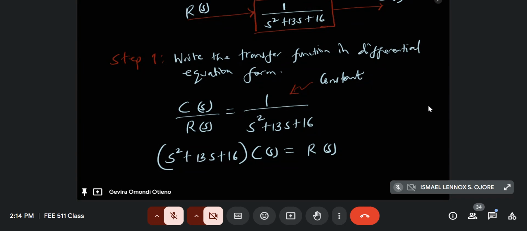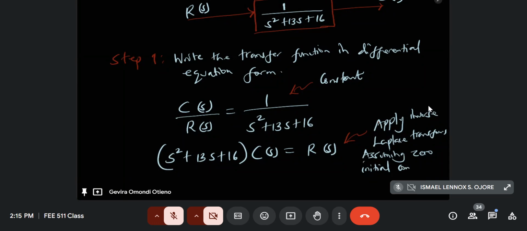Because inverse Laplace transforms require initial conditions, ours will assume zero initial conditions, just to simplify the process.